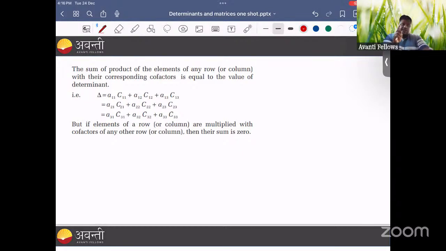Also be very sure, if the elements of any row are multiplied with the cofactors of any other row and then you add, you get 0. See the last point: if the elements of a row are multiplied with the cofactors of any other row, then the sum is 0.